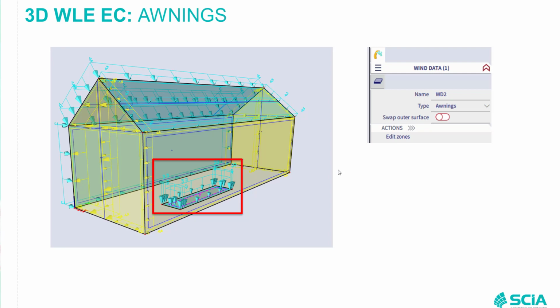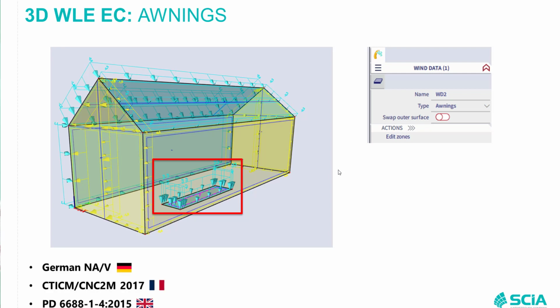How to generate wind load on awnings is specified in the German National Annex of Eurocode, then the German National Annex 5. It's specified in a French norm document by CTICM, and also in a document in the United Kingdom, PD 6688. For all other countries, there is no specification of how to generate wind load on awnings.